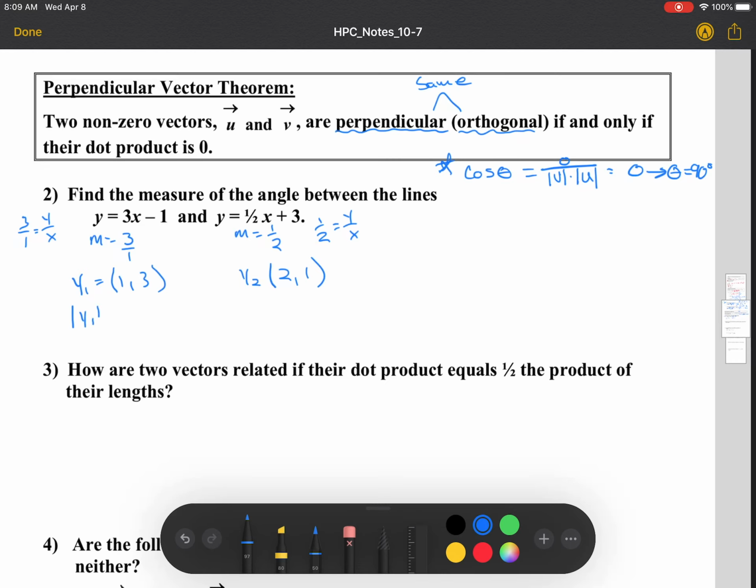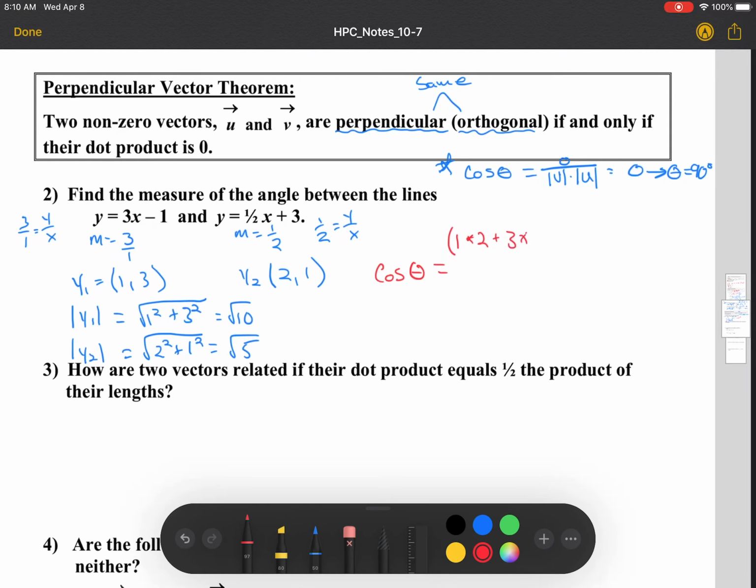So let's do our absolute values, our norm of vector y1, which equals the square root of 1 squared plus 3 squared, which is the square root of 10. We got our y2, which is going to yield us 2 squared plus 1 squared, which equals the square root of 5. We got all our pieces. Now we can plug it into our big cosine theta formula.